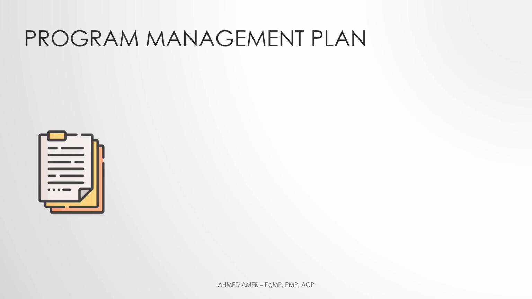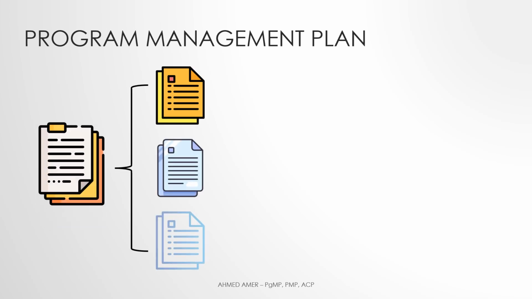A program management plan is a document that integrates the program's subsidiary plans and establishes the management controls and overall plan for integrating and managing the program's individual components.